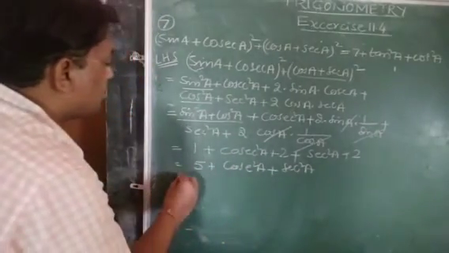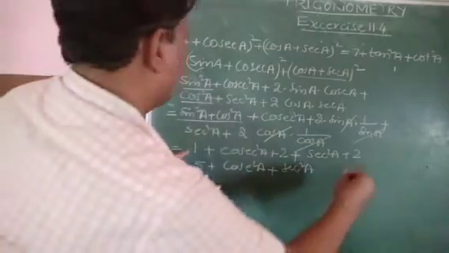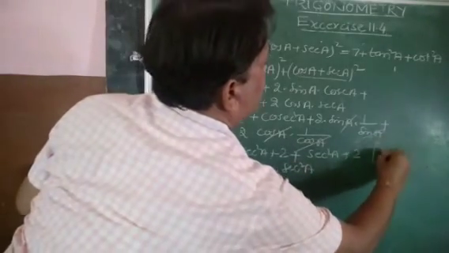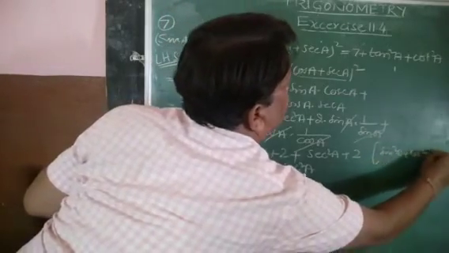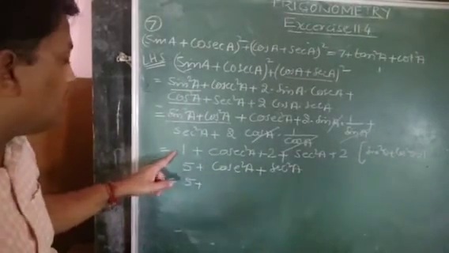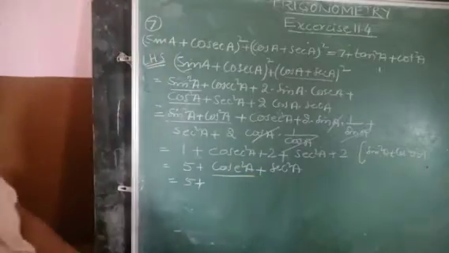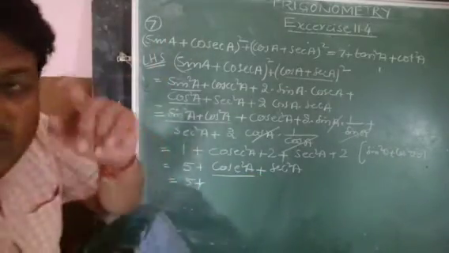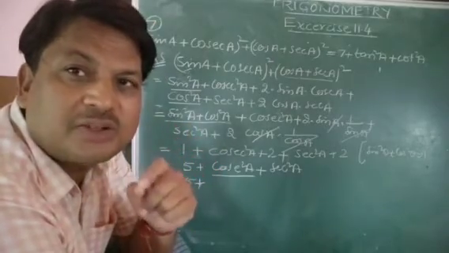How, children? See here 5 plus, and I forgot to write here: sin square theta plus cos square theta is equal to 1. The reason you must show in brackets, children. Okay? And here, in place of cosec square theta, remember that cosec square theta minus cot square theta is equal to 1.